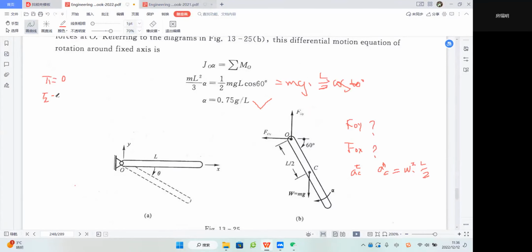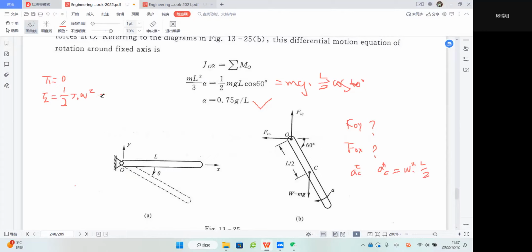At this second position, we should give it kinetic energy, because it is a bar rotating around a fixed axis. So its kinetic energy will be half J_O omega squared. We try to figure out what omega should be.